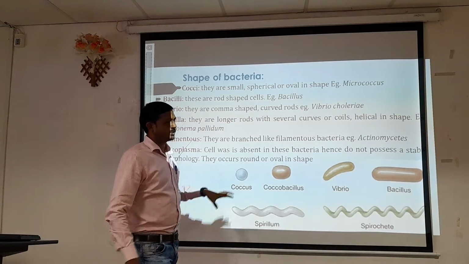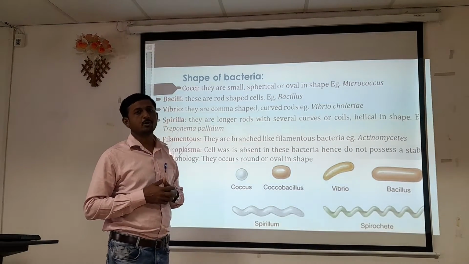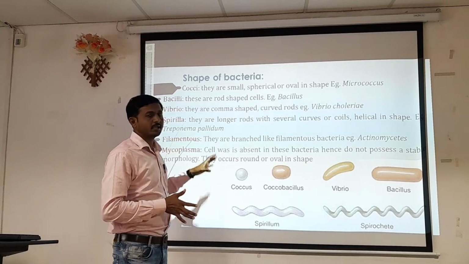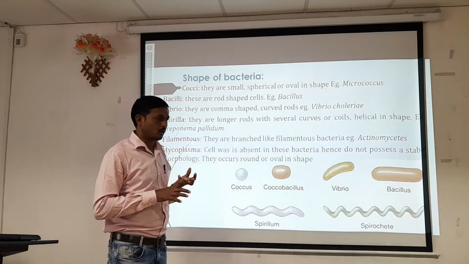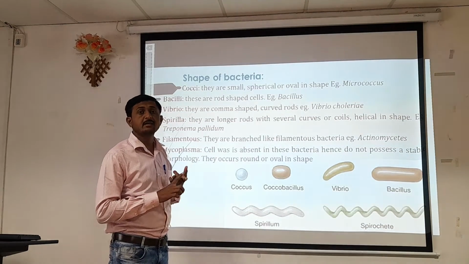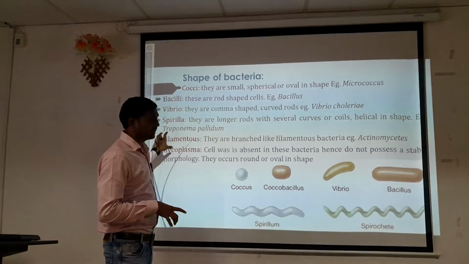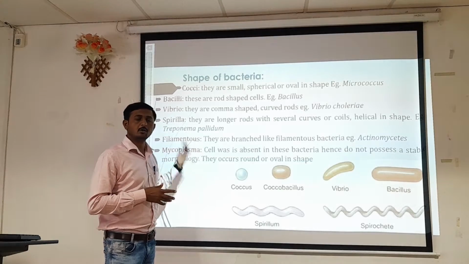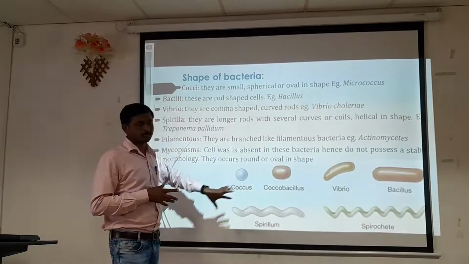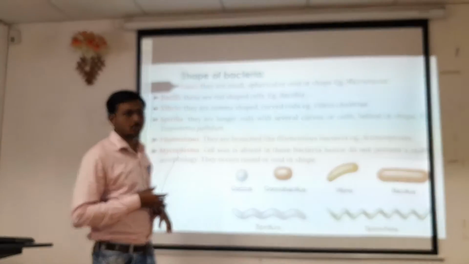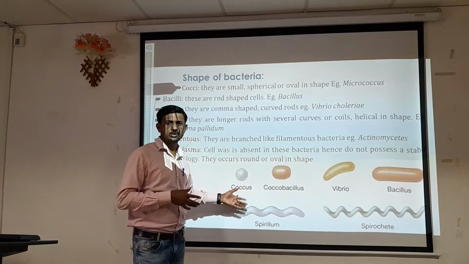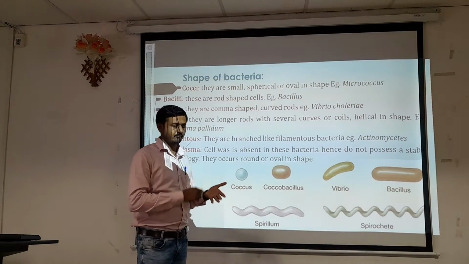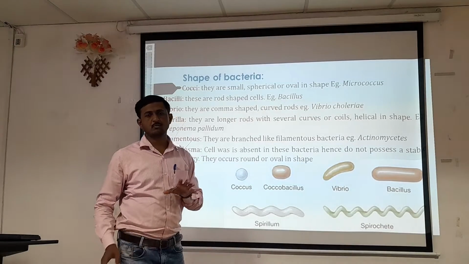So on the basis of shape, bacteria are categorized into cocci, coccobacilli, bacilli, spirochete, filamentous, or vibrio. On the basis of observation under the microscope, bacteria are categorized by shape. Firstly, we observe whether they are gram positive or gram negative.